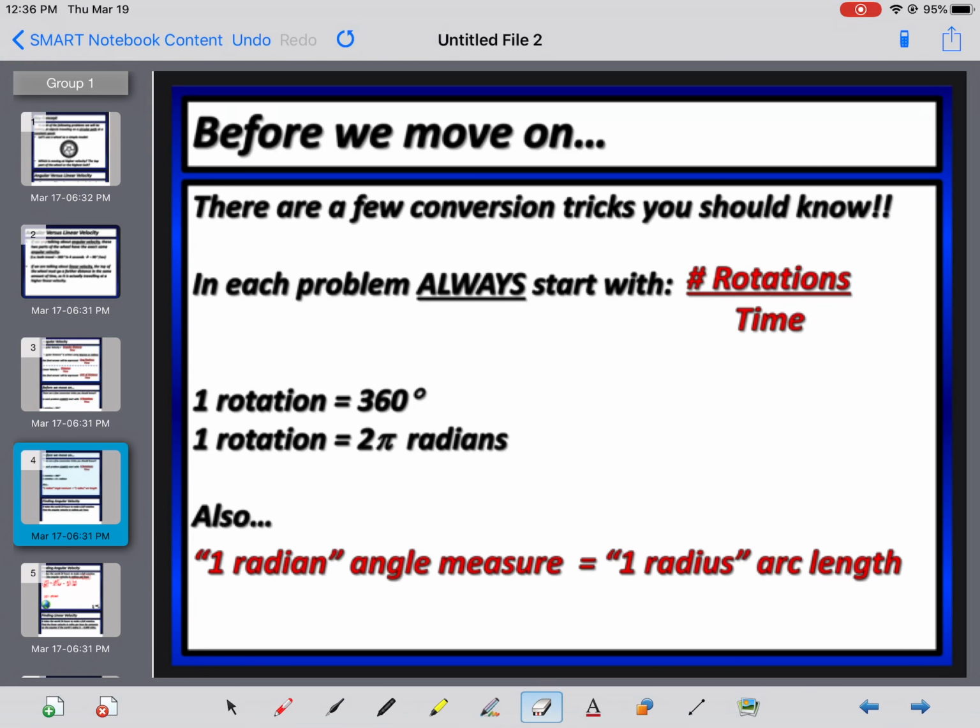So some equivalents that we want to take note of. One rotation equals 360 degrees. One rotation also equals 2 pi radians.